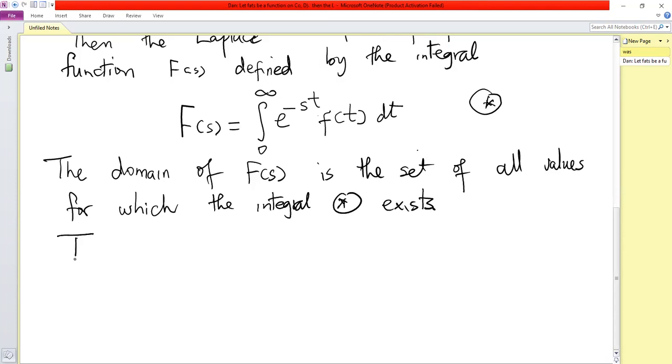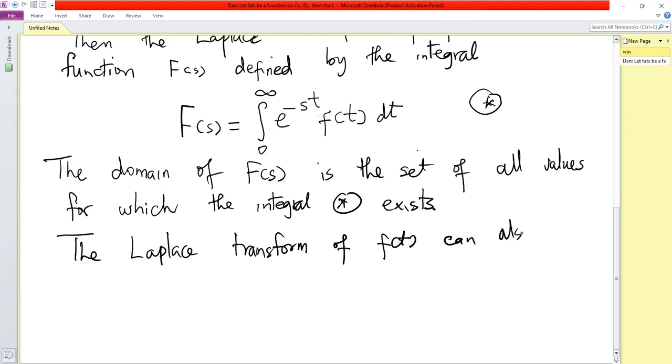So the Laplace transform of a function f of t can also be denoted by L of f of t. This is another way of writing the Laplace transform.